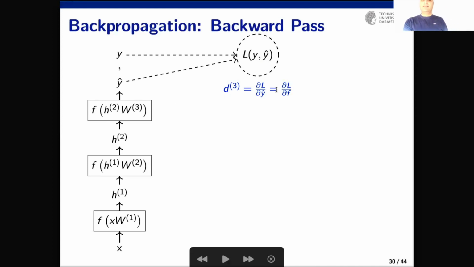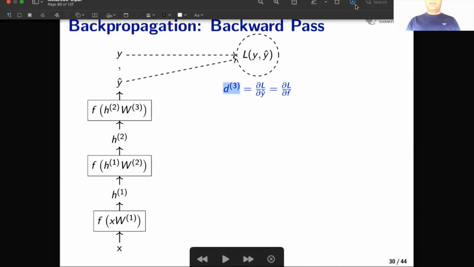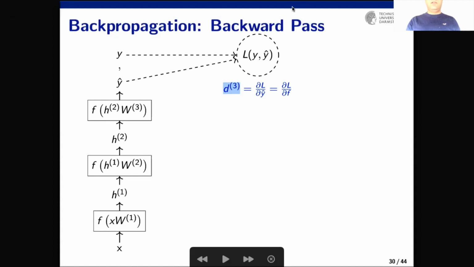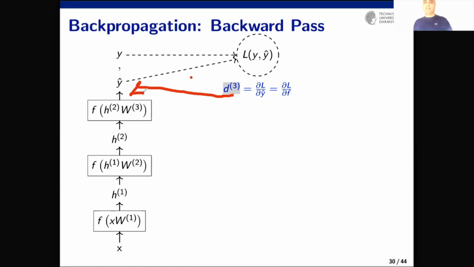Let's assume that we save the value of this gradient in a variable named d3. So d3 is a variable, and I want to say that d3 is the error that the model sees at this step, right? So the error that can be associated to the third layer, right?